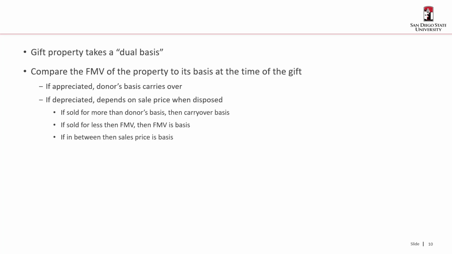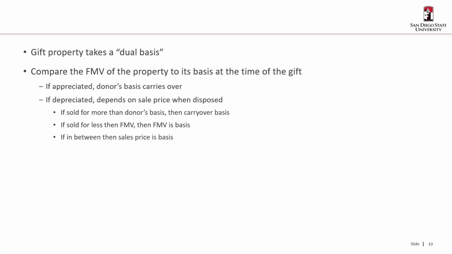So the tax rules say that gift property takes a dual basis. What you do is you compare the fair market value of the property to its basis at the time of the gift. If the fair market value is greater than basis at the time of the gift, then the donor's basis simply carries over.